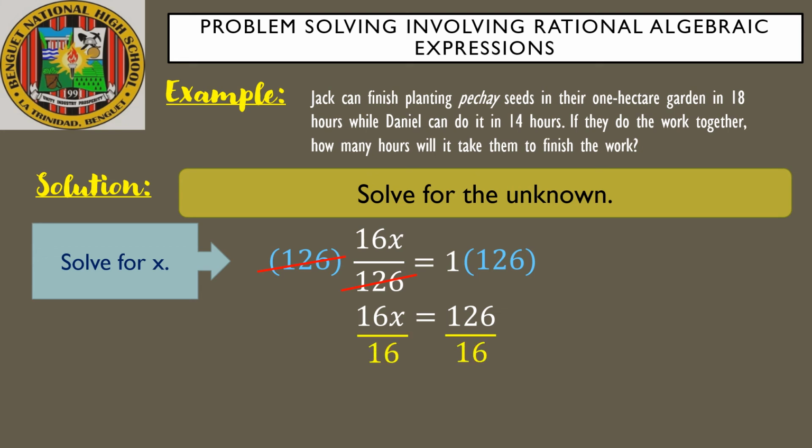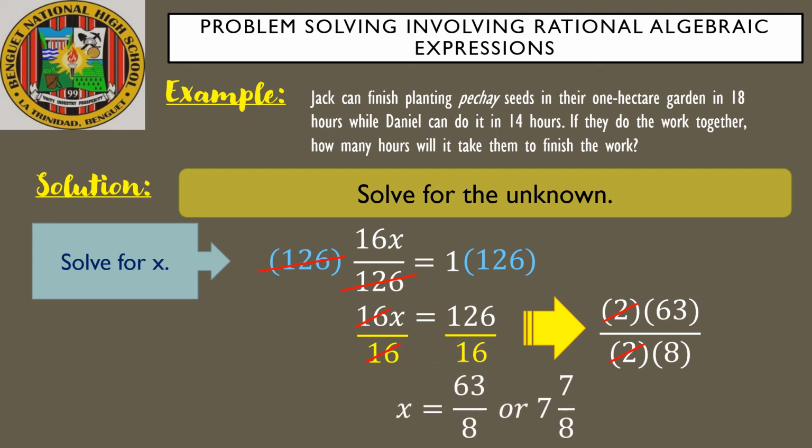Then we divide both sides by 16 so that x will remain on the left side of the equation, while on the right side, we simplify 126 over 16 to 63 over 8 to get 63 over 8 or 7 and 7 eighths. At the end of the solution, we see that x is equal to 63 over 8 or 7 and 7 eighths.